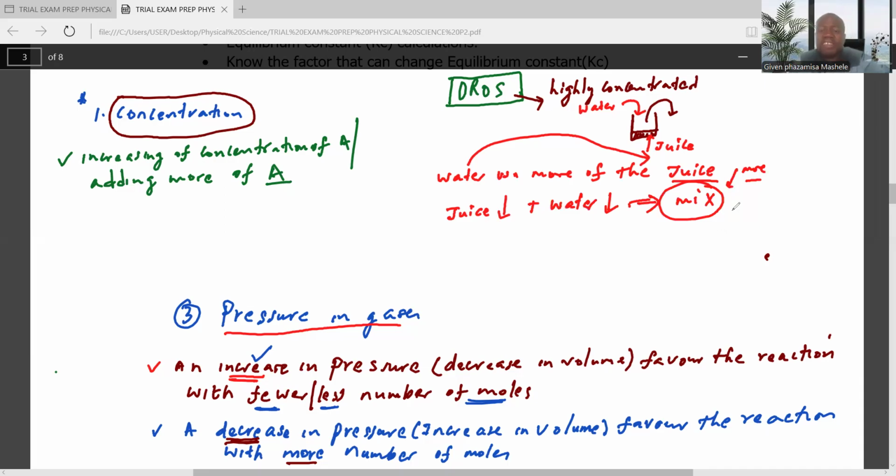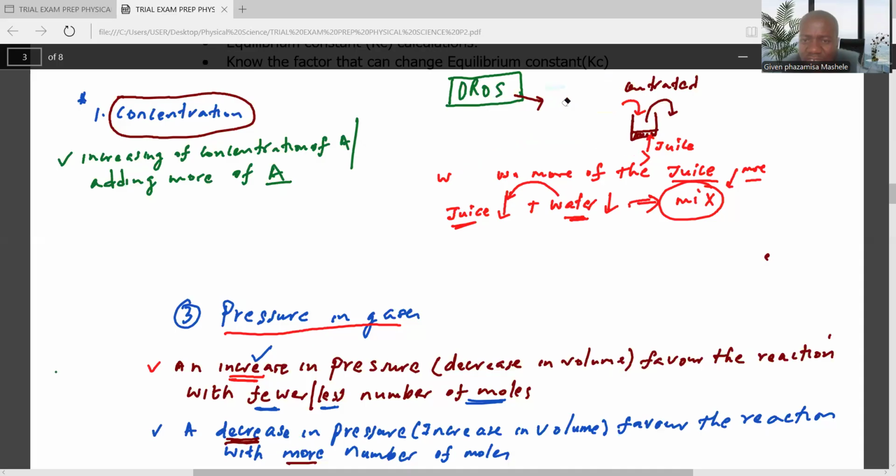So you can easily see that here we added more of water, but this water has used more of this. And as a result, this will end up decreasing in concentration. So what does this mean? It means when you are dealing with concentration or addition of a substance, there is something that you need to understand here. Let me explain it thoroughly so that you can understand.